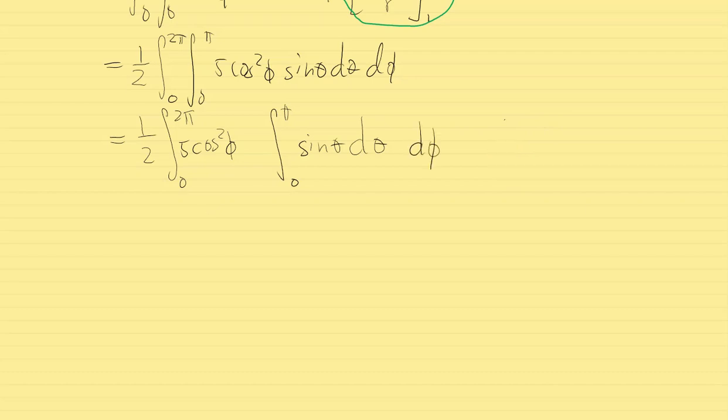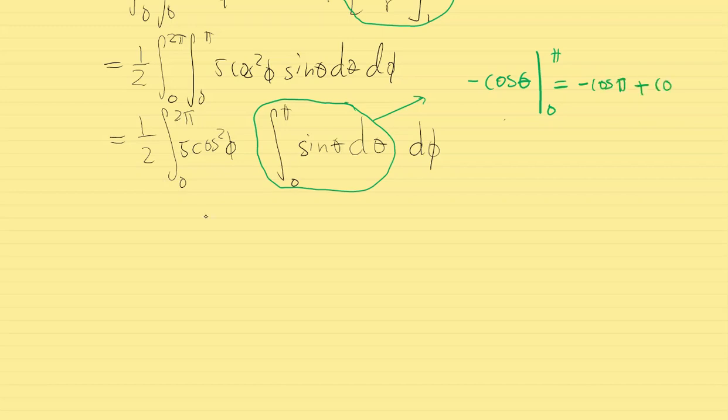To evaluate this, what will be the integral of sine theta? The integral of sine theta is negative cosine theta, and the limit is from 0 to pi. Upper limit minus lower limit, so negative cosine of pi plus cosine of 0.